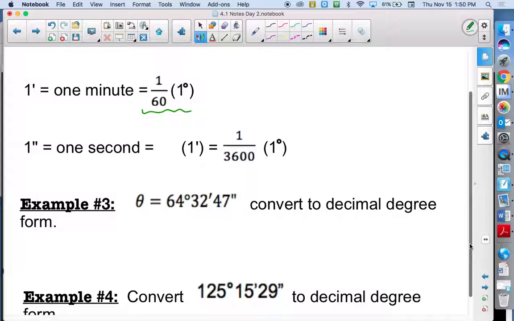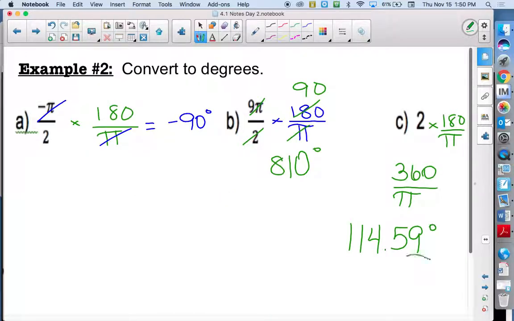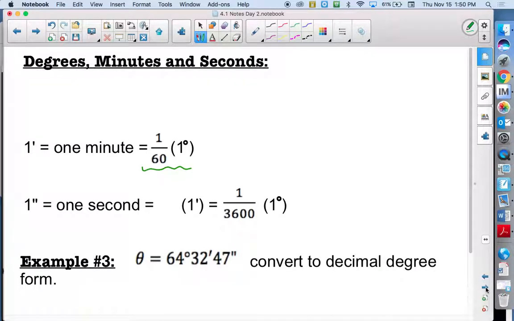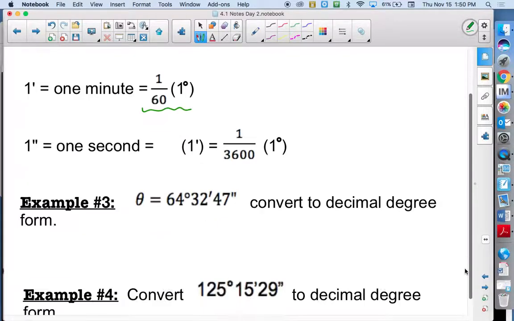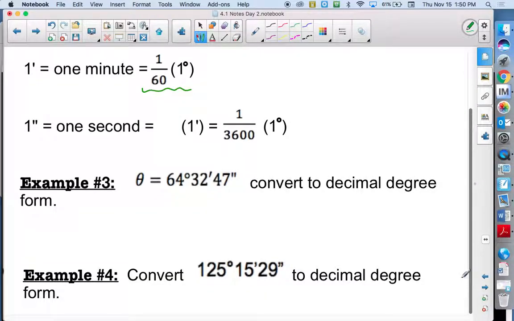So we want to convert this to degree decimal form, or decimal degree form, which is the form that the last answer was in. Because if we're trying to apply this to sine, cosine, or tangent, we can't really use the degrees, minutes, and seconds. So the first one has here 64 degrees, 32 minutes, 47 seconds.